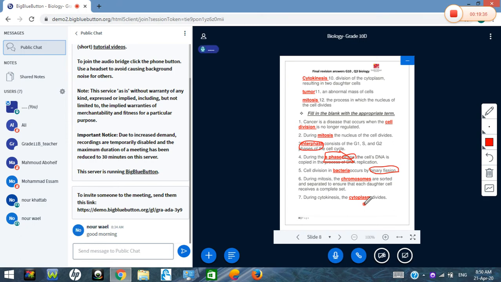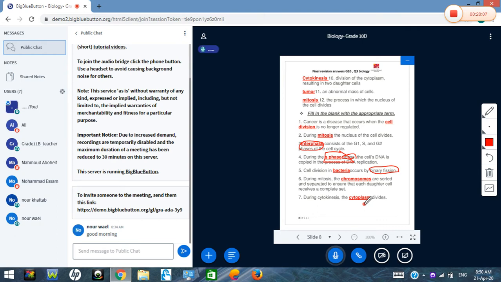During these stages of mitosis, the chromosomes are divided and separated into two halves. Each group migrates to each new cell. So the answer will be chromosomes.